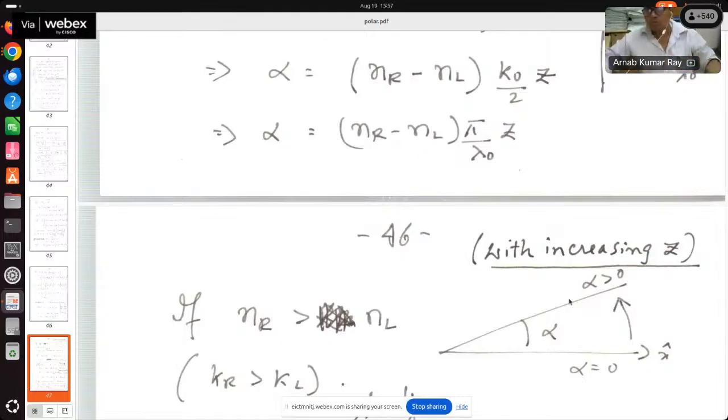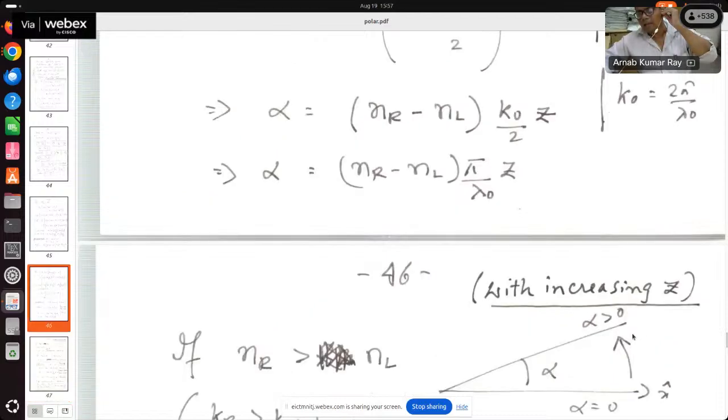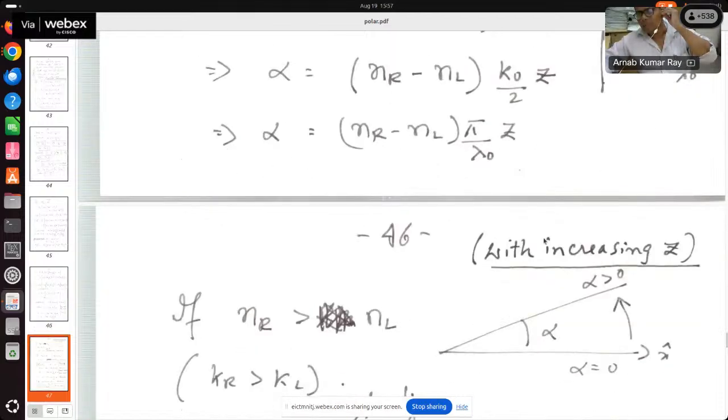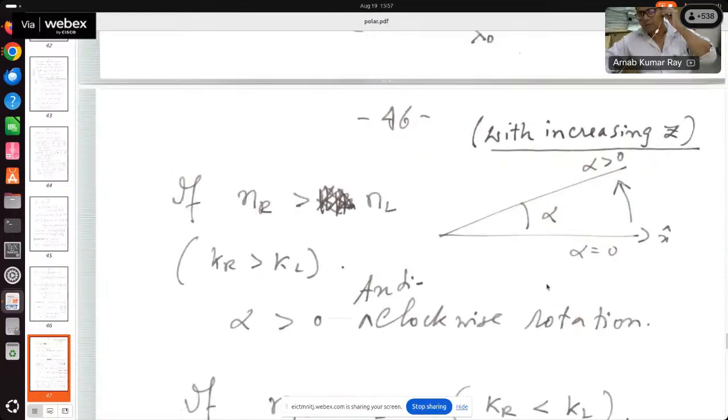As it is passing through z, alpha is changing its value. Alpha will have this value because nr is not equal to nl. Alpha is a positive thing, and you will have this sort of an angular increase going up in the anti-clockwise direction. Alpha will be positive, you'll have anti-clockwise rotation.